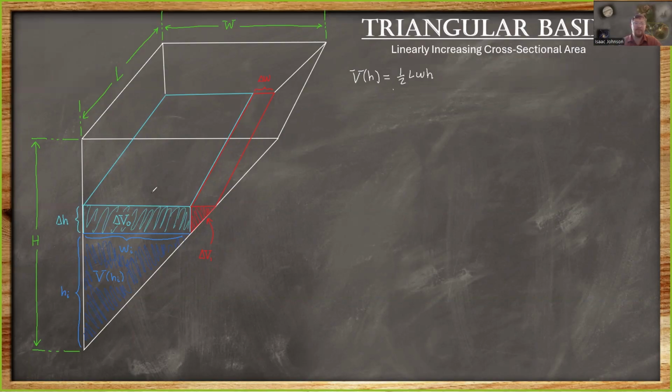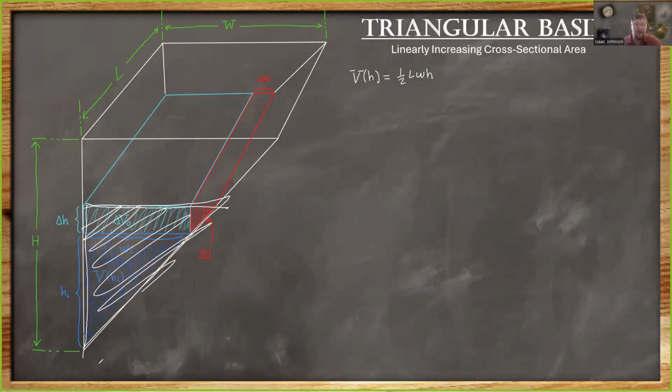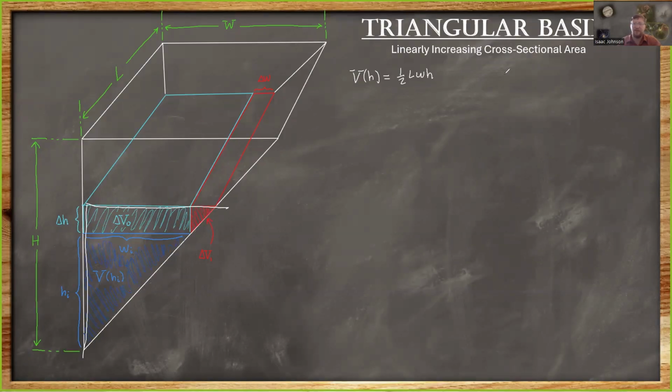The triangular prism is always half of its bounding rectangular prism, right? So one way you could think of that is 1/2 of width times height gives you this area, and then you simply extrude it by length L. So this would be general.